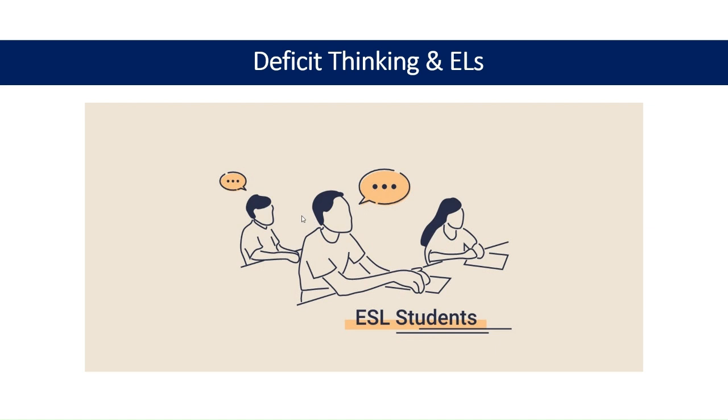Now, similarly, some educators may notice that English learners take longer to develop academic language or may not immediately recall previously taught content and then assume that the student has a cognitive difficulty.